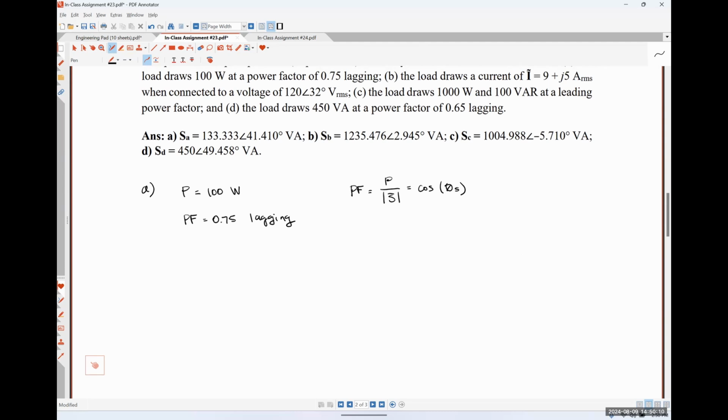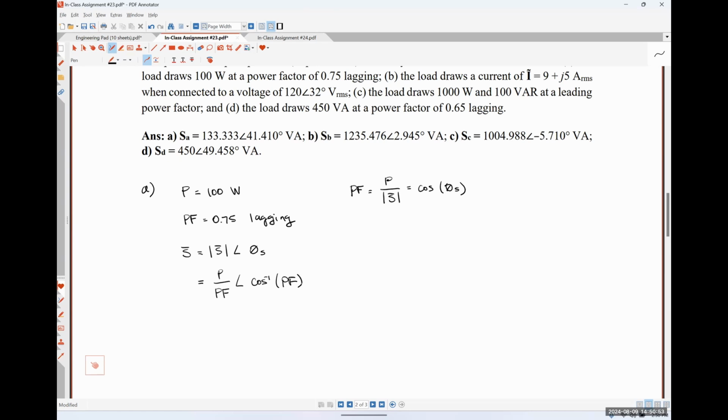What we are trying to find is our complex power, which is simply our apparent power with an angle of our power factor angle. We can use these power factor relationships and reorganize things a little bit. The apparent power is nothing more than average power divided by the power factor. And our power factor angle, theta s, is nothing more than the inverse cosine of our power factor.